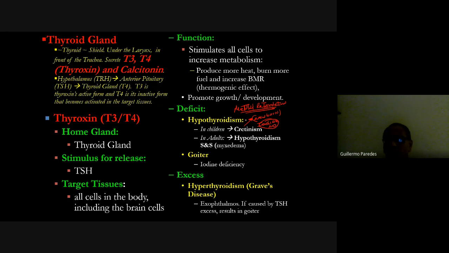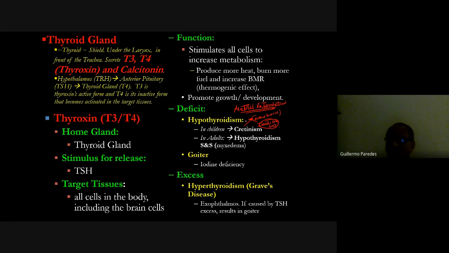In the fetal stage, you need a huge amount of energy to produce cell division. The one who is going to be mostly affected is the central nervous system. The baby is going to be born with fewer nerve cells, and that is going to be an irreversible mental retardation.